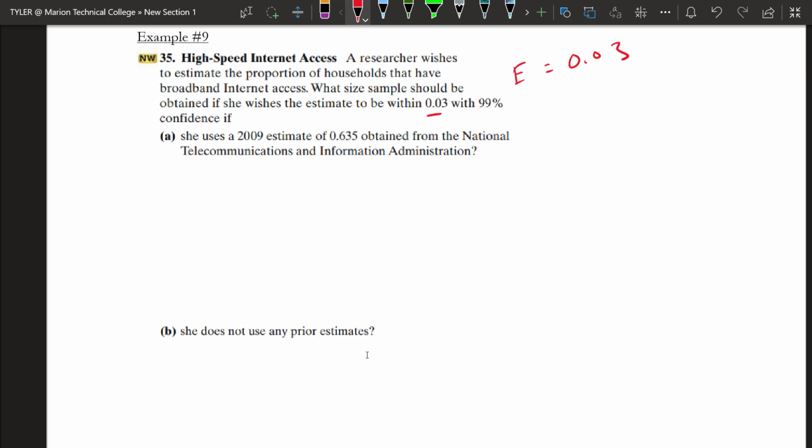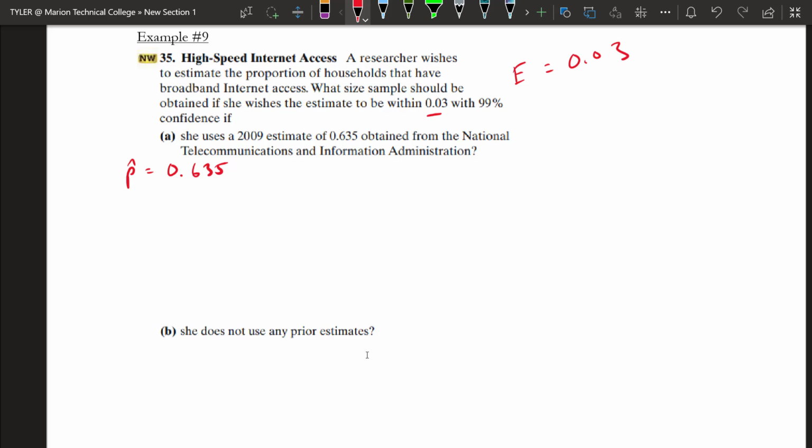And so in part A, it says she uses a 2009 estimate of 0.635 obtained from the National Telecommunications and Information Administration. So in other words, what we have is a point estimate, which is p hat equals 0.635.